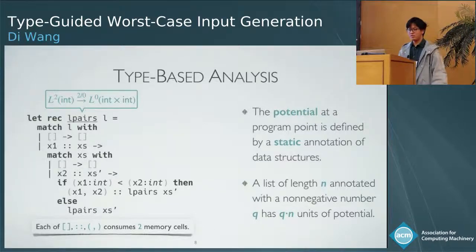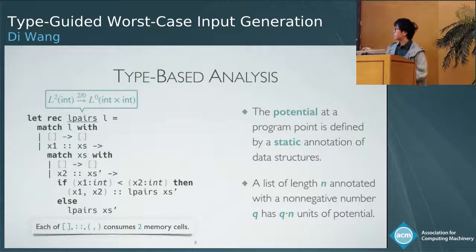We can use some annotations on the arrow type. Here, the argument type is a list of integers. The capital L stands for list. And here is the annotation 2. The 2 here just means each integer in the list can carry 2 units of potential.